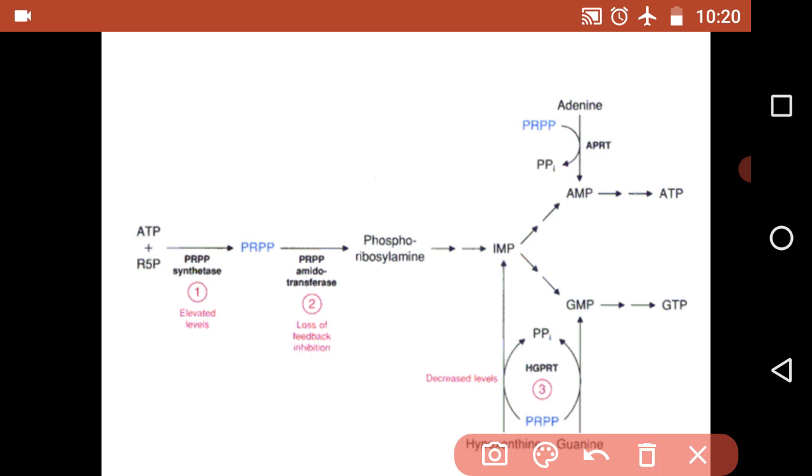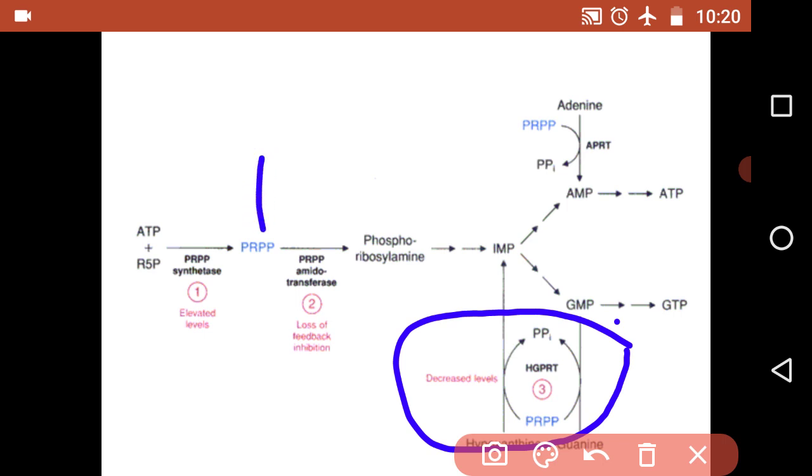The other cause for primary gout is decreased level of enzymes in the salvage pathway, which is HGPRTase and APRTase. So what happens here is, when the enzymes of salvage pathway are deficient, there is increased availability of PRPP.